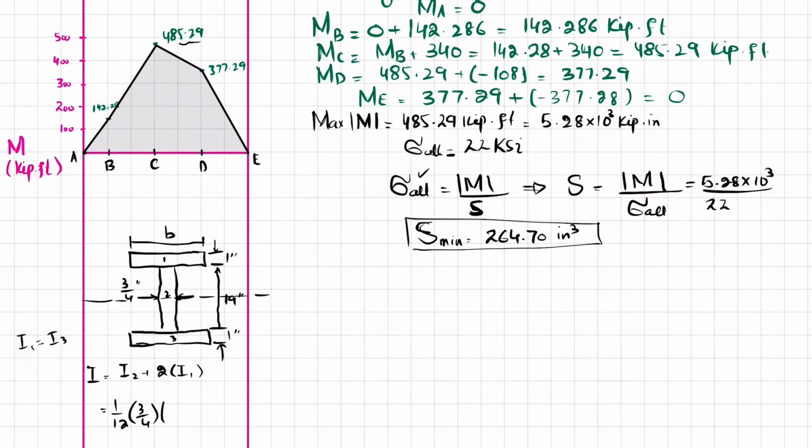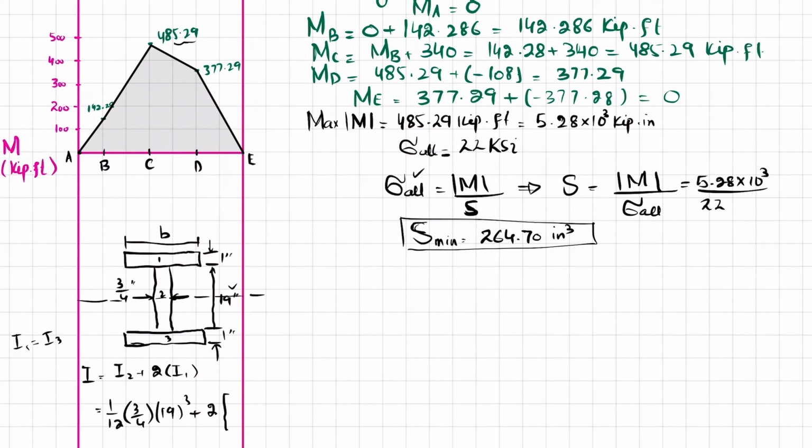So I2 is 1/12 times 3/4 times 19 cubed, plus 2 times I1, because we have two flanges. For the flange, B is this one and H is 1, so first we write 1/12 B times 1 cubed.